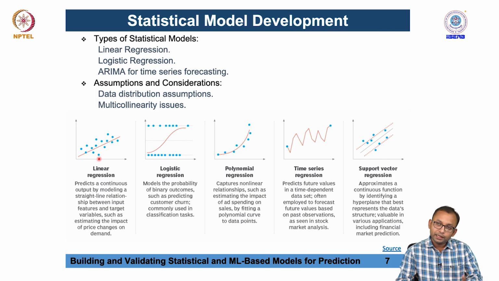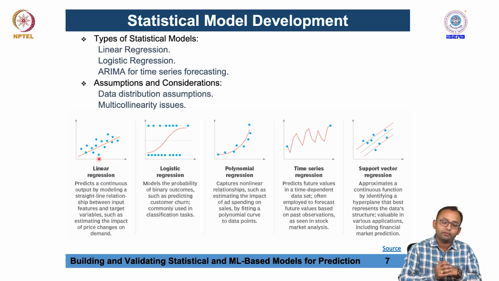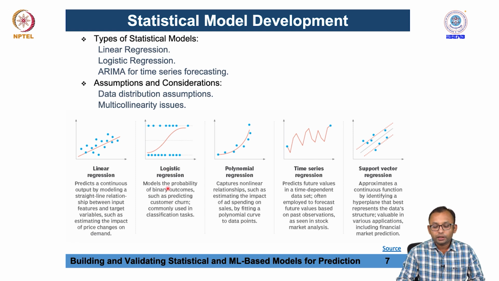There are multiple linear regression based models also available where we can use multiple inputs and there is only one y, and with those multiple input data sets we can predict the behavior of y.